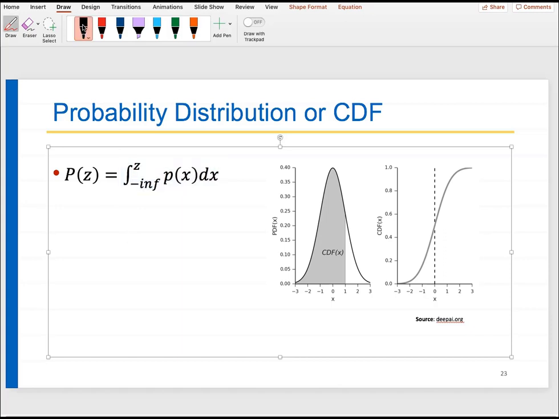So the probability distribution function is simply the integration over p(x), where x varies between minus infinity to z. Is this point clear? Okay. So based on your intuition, can you please tell me some properties of this probability distribution, or it's called the cumulative distribution function?